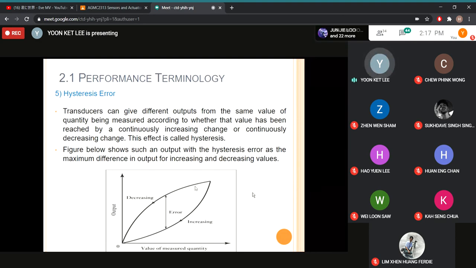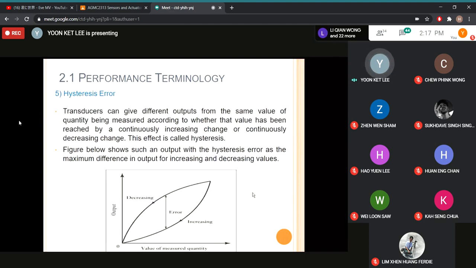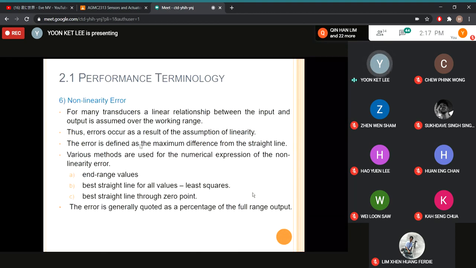But in reality, you could get a curve like this or a curve like this. Especially when you do the experiment and plot the graph, you cannot get a perfectly straight line across all the points. When this occurs, we call it an error. If you have a decreasing or increasing one of these two, we call it the error of hysteresis.